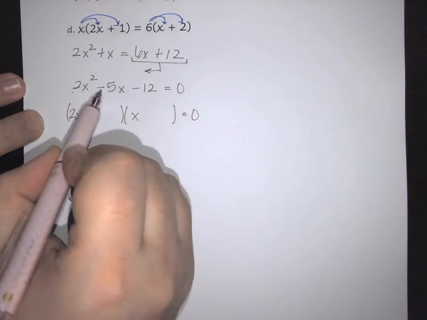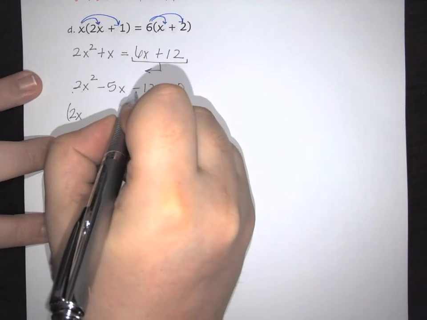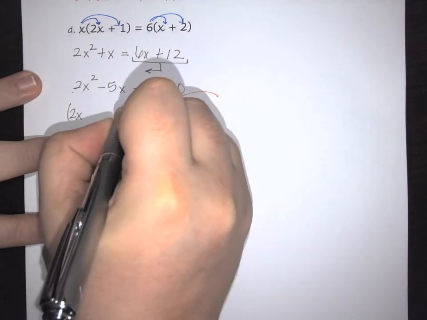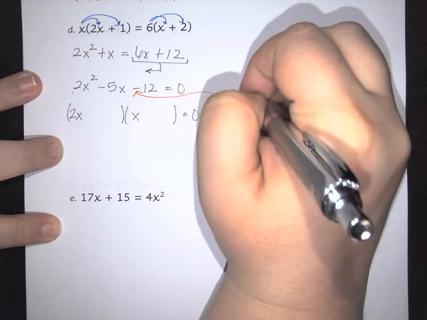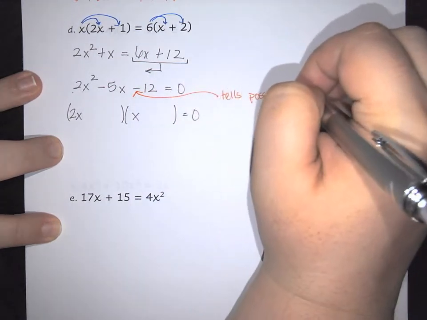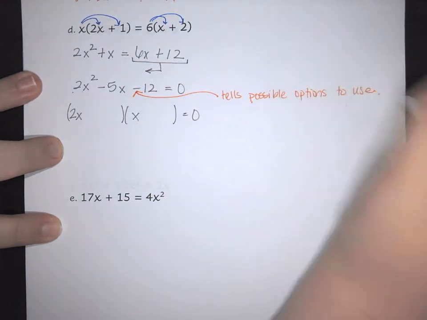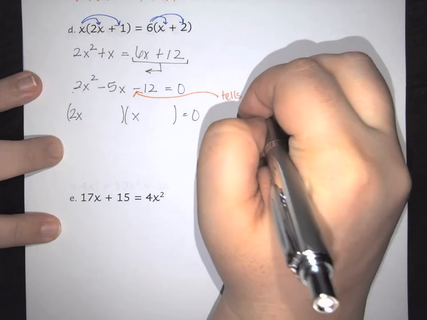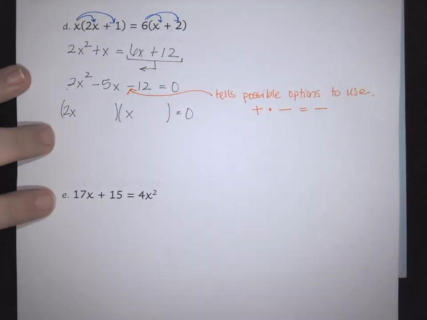I have to look at my signs, so there's a few things I need to remember about my signs, and that is that this back sign tells the possible options to use. In this case, the option I'm looking at is positive times negative gives me negative.